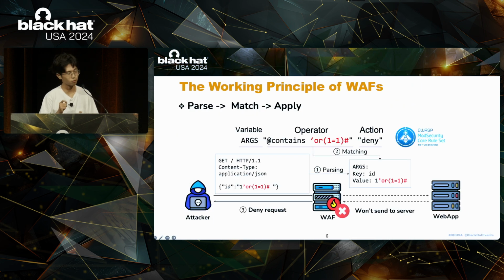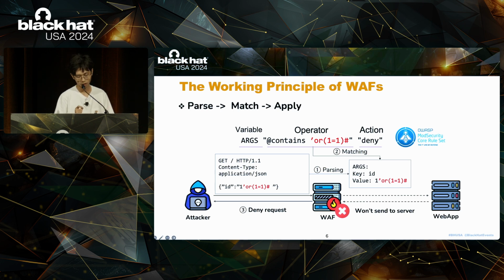So how does the WAF detect malicious requests? The working principles of WAF can be divided into 3 stages. First, it will parse HTTP messages to extract HTTP parameters. Then it will match the parameters with its rules. If any rules match the parameters, it will take the action written in the rules.